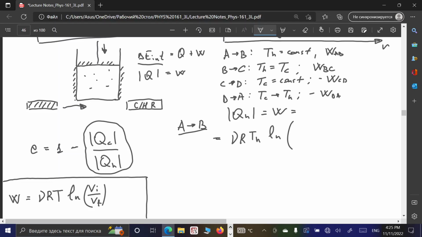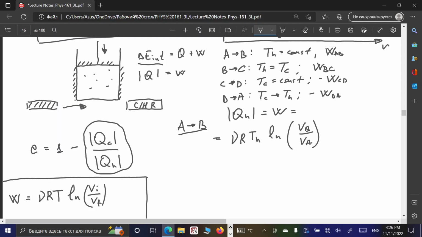And now the system is performing work on the external environment, so we can just flip them over, because we can use minus to specify that. So V final in this case will be VB, and here initial is VA. So that is for process AB.